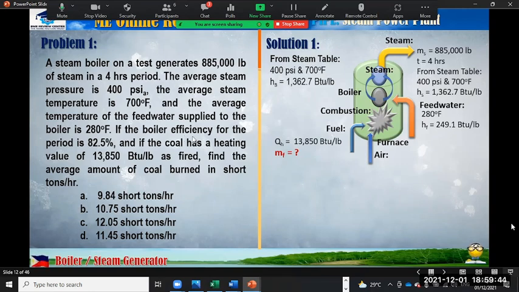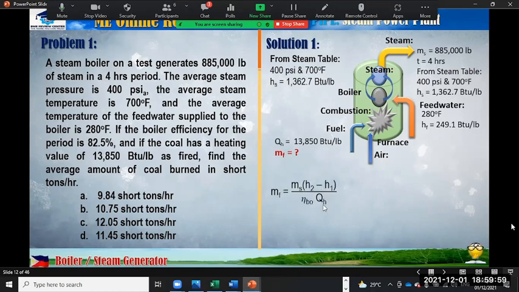Boiler efficiency is output over input. The output is m sub s times h sub s minus h sub f, all over mass of the fuel times the heating value of the fuel. So it's like this, guys.